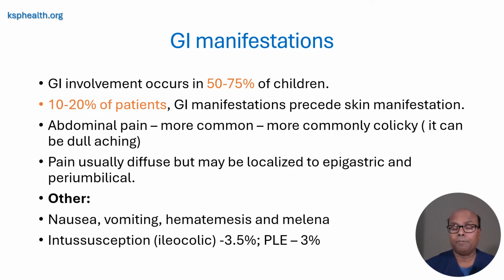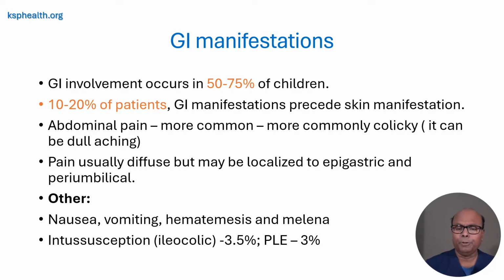GI involvement occurs in 50 to 75% of the patients. In 10 to 20% of the patients, GI manifestations precede skin manifestations, meaning the patient can present with acute abdominal pain, and a day later the rash appears. Abdominal pain is commonly colicky in nature, but it can be dull aching.